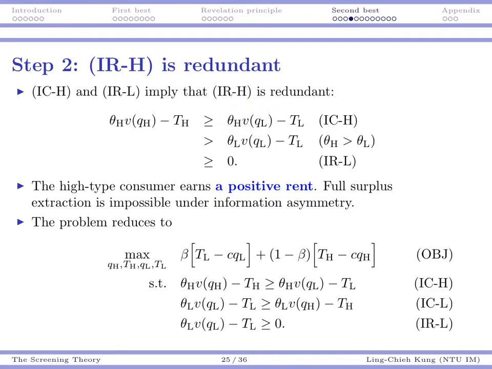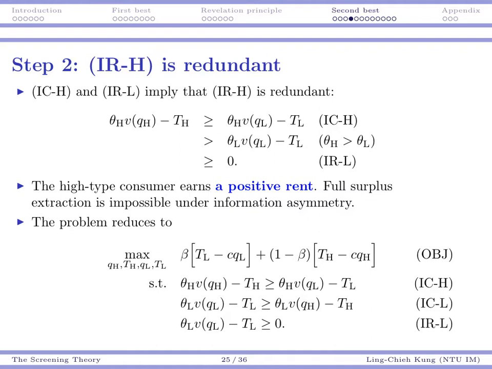And then the right hand side, this term is exactly the left hand side of IRL, because the low type consumer should get at least 0. So combining this, we know that IRH must be redundant. If I can satisfy ICH and IRL, I can satisfy IRH. So that means in my program, IRH is useless and I can take it away.